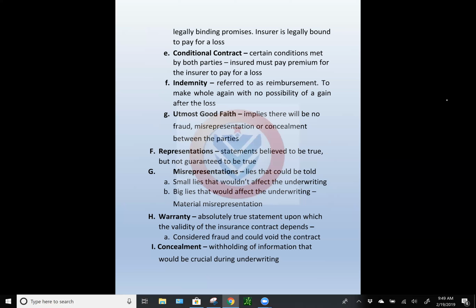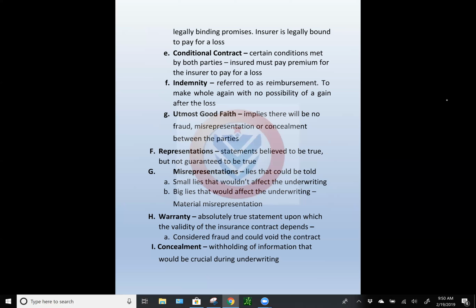The word indemnity or indemnify means to make whole again, with no possibility of a gain after the loss. Just bring them back to where they were before the loss, but not to gain. This principle of utmost good faith implies there will be no fraud, misrepresentation, or concealment between the parties.